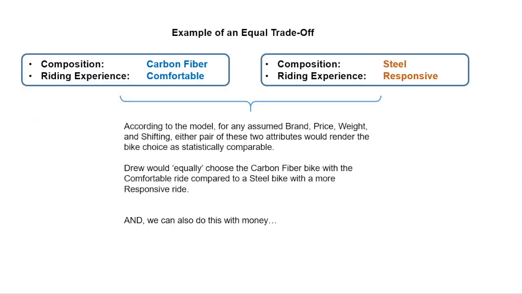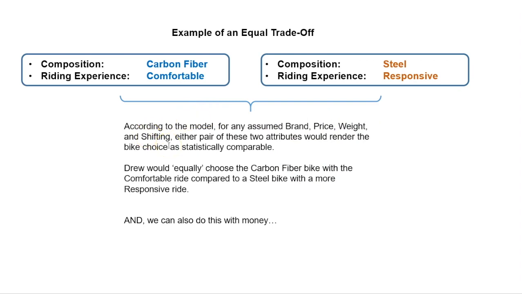So there's two more things I want to show here, and there's even more that we can do. There are certain things that Drew prefers in a bike and certain things that Drew does not prefer. And using the model, we can actually construct a situation where Drew would be equally likely to choose one of two bikes. Let's assume any brand, any price, any weight, any shifting.